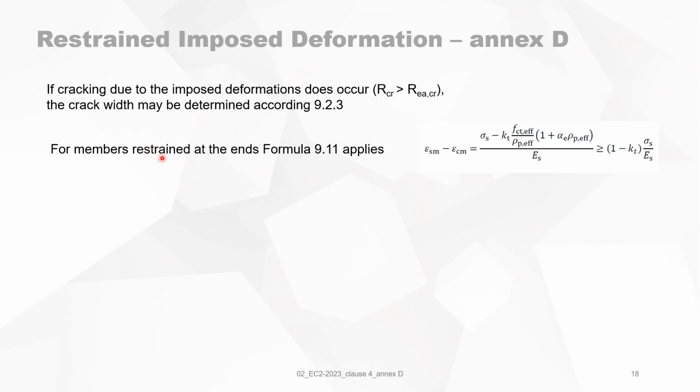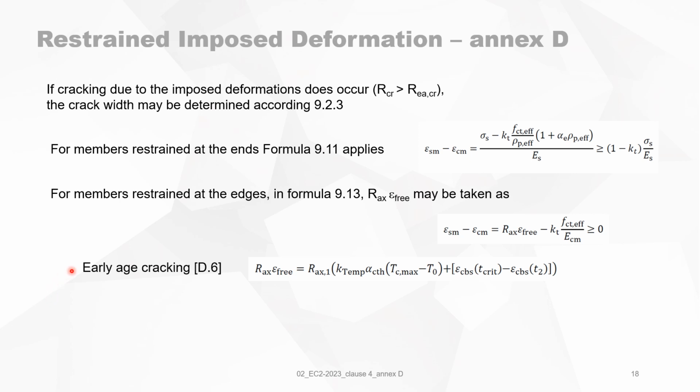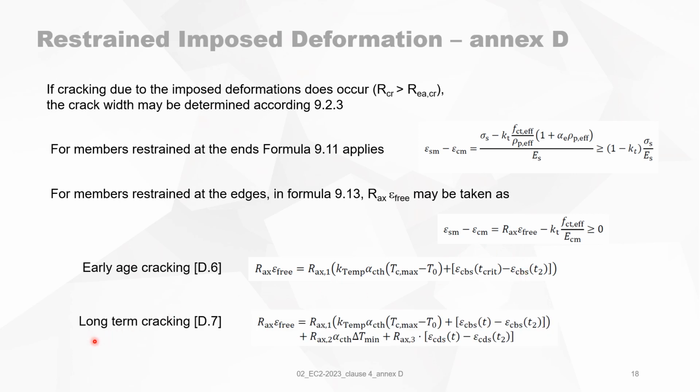For members restrained at the ends, this formula applies. And for members restrained at the edges, this formula applies. And for early age cracking, RAX epsilon 3 is this. And for long-term cracking, it is this formula.